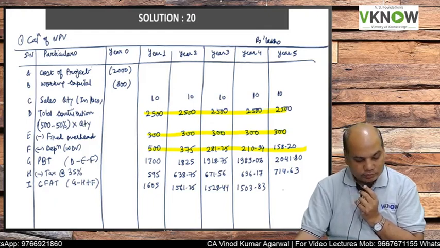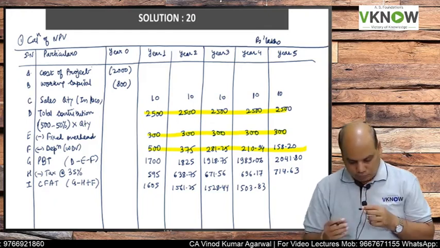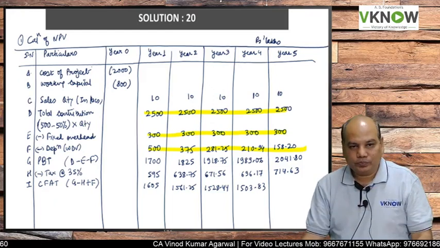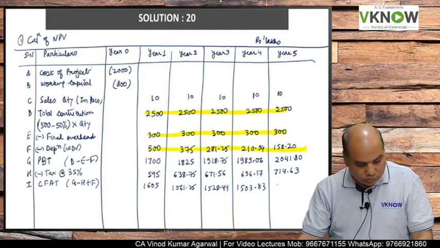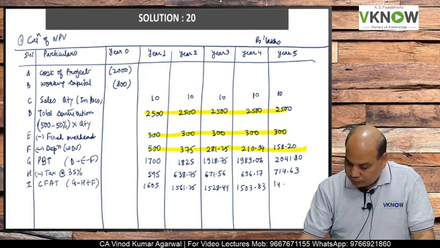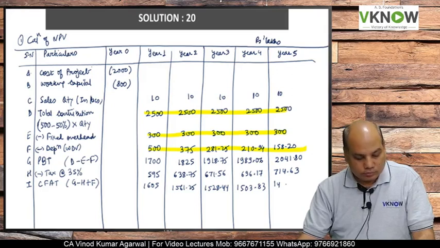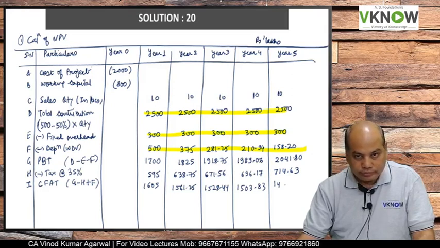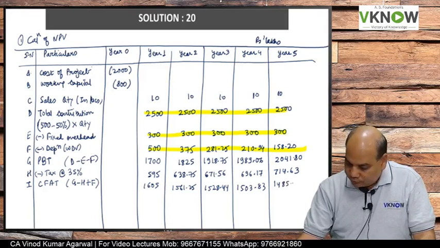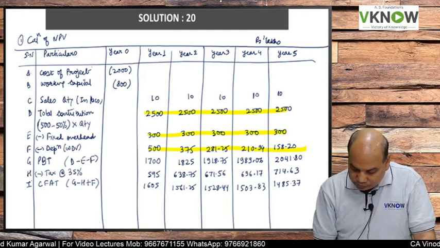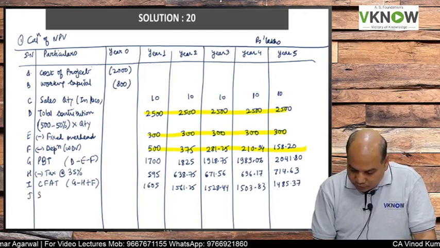Please try. 1485.37. Point number J, write down salvage value.